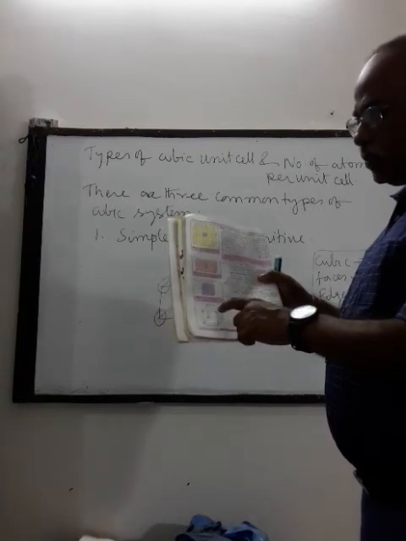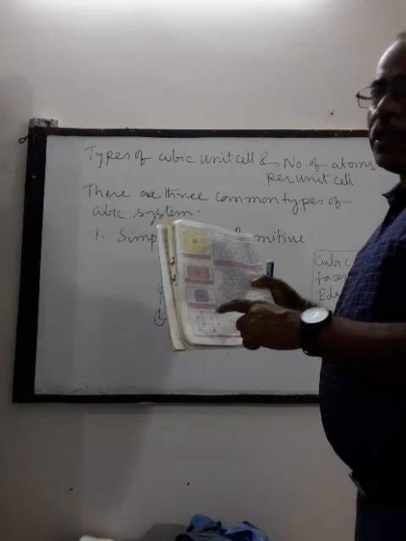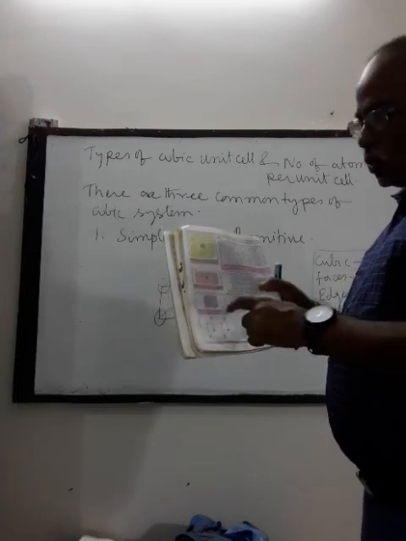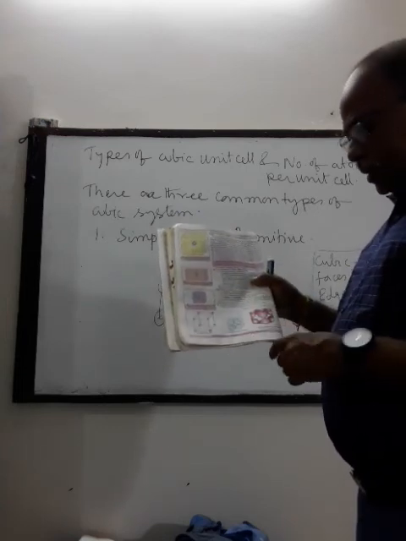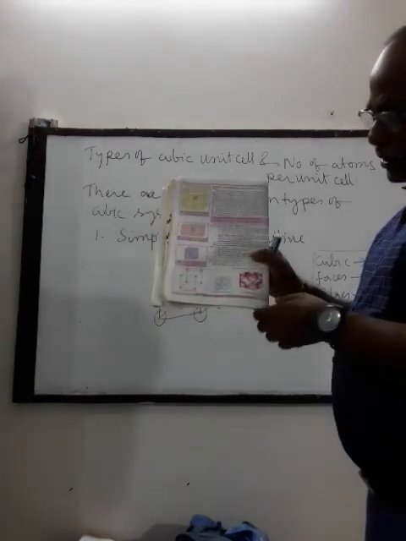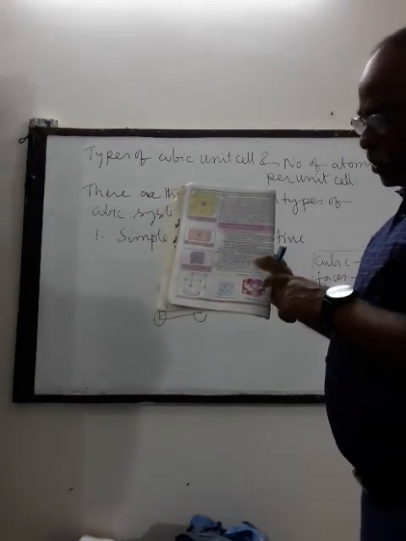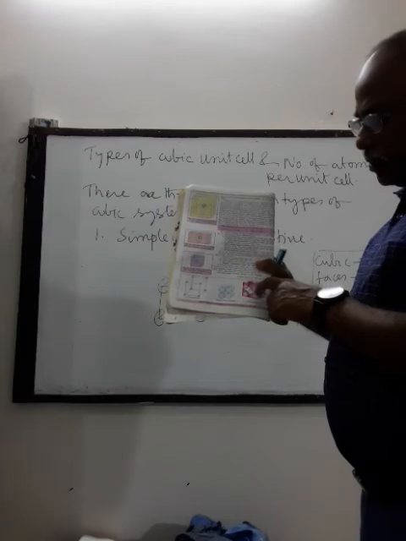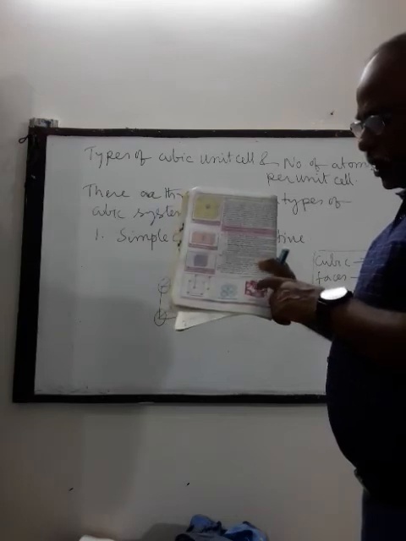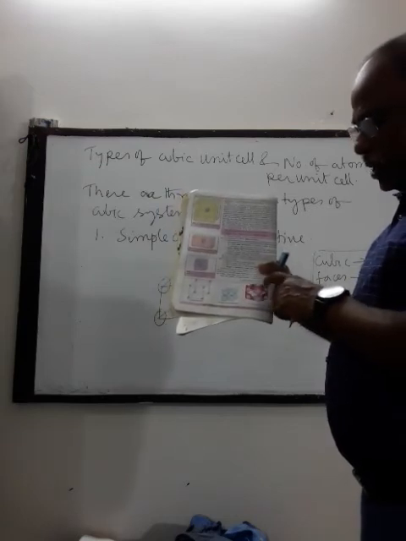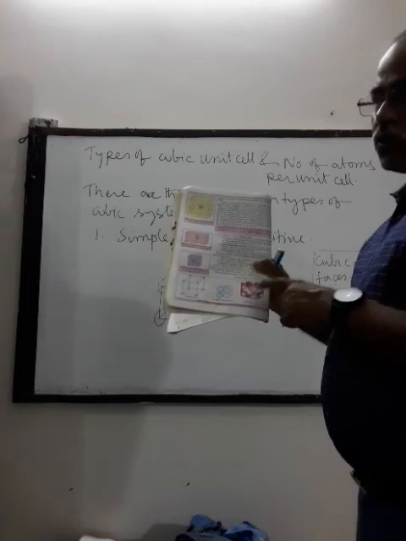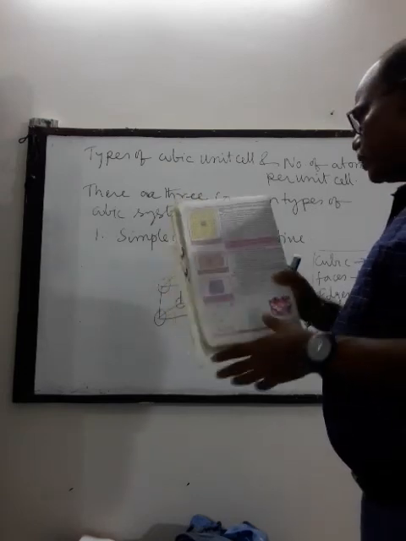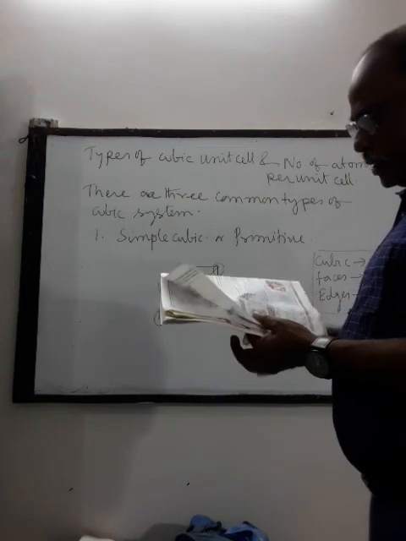So each corner contributes only 1/8 to each unit cell. So 1/8 of this corner, 1/8 of this corner. Similarly, the other corners also contribute only 1/8 to this particular unit cell.